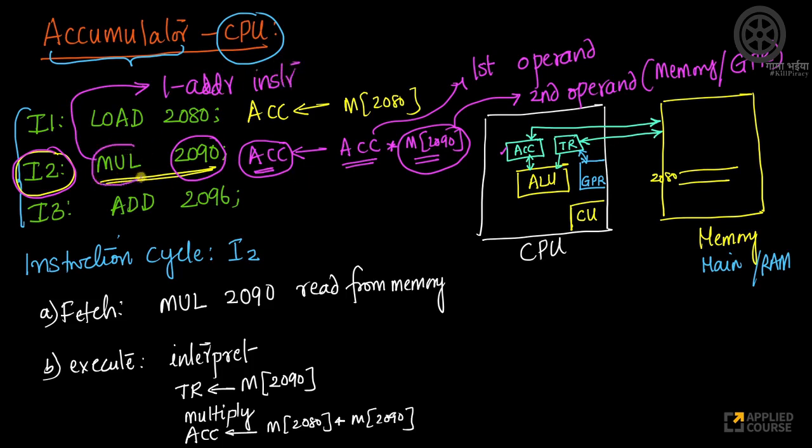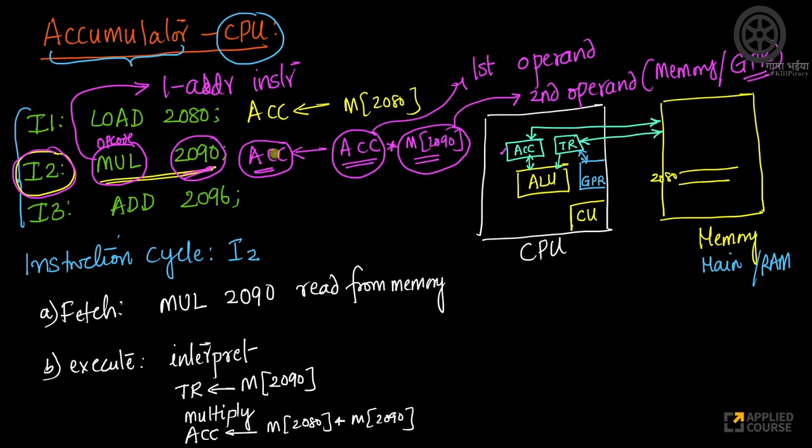Because this is my opcode, and in the operand, I'm giving one address location. This could be the address in memory, or it could be the address of a general purpose register. It could be both of them. So typically in accumulator CPUs, the accumulator has the first operand to start with, and for the second operand, we can either give the memory location like in this case, or we could give the general purpose register name where the second operand is located.